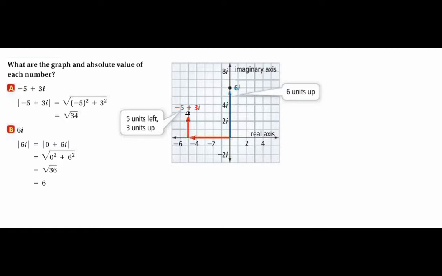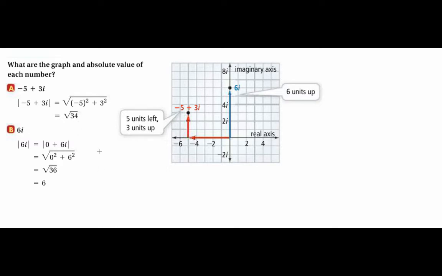That's the number -5 plus 3i in the complex plane, its location. Its absolute value is its distance from the origin, essentially a distance formula, so it has a value of the square root of 34.